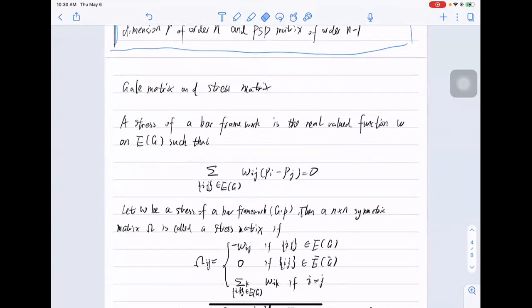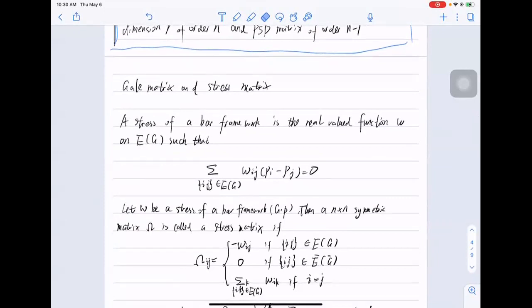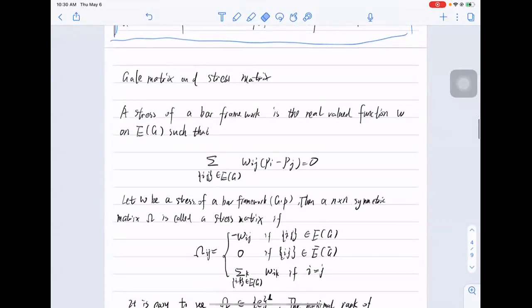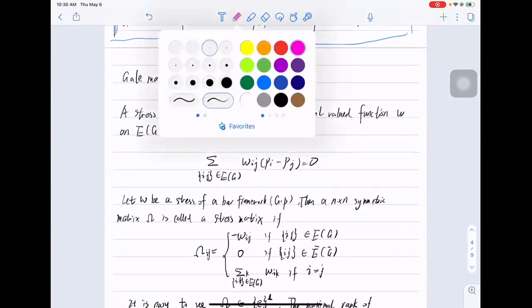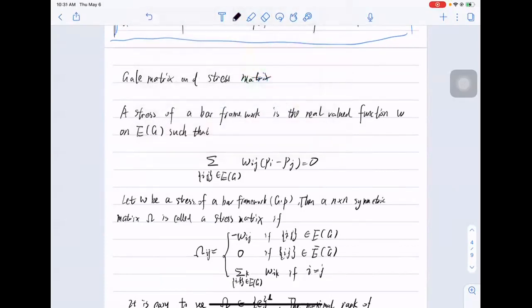A stress of a bar framework is a real valued function omega on the edge set of graph G such that this is true, as we have seen many times. Here the summation over the edges of omega ij times pi pj is 0, where pi are the coordinates of the points.